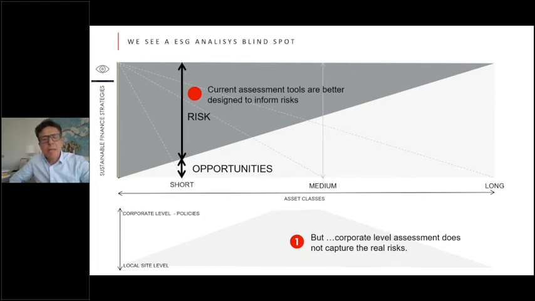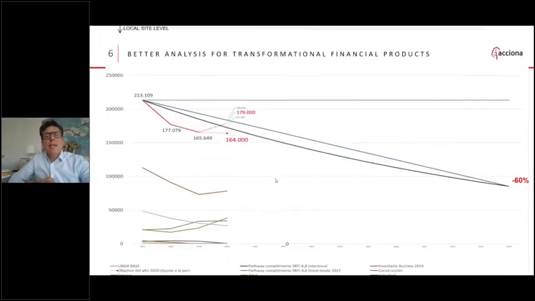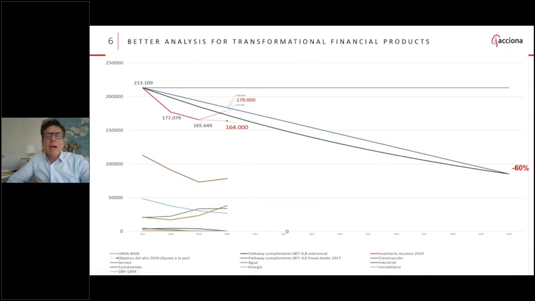Let me give you an example. And when we are in the market, these are our pathways for neutrality. We are at this stage around 150, 60 or 70, 100 tons of CO2. This is our businesses and also our pathway.